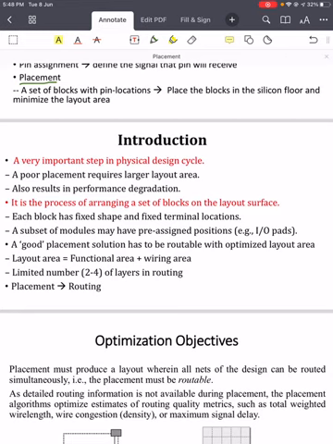Now there are some issues regarding the routing step. One main issue is that there is a limited number of layers that can be used during routing, and usually 2 to 4 layers are used for routing. If we increase the number of layers during routing, then the design cost or fabrication cost usually goes up. So chips with four or more layers are more expensive to fabricate.